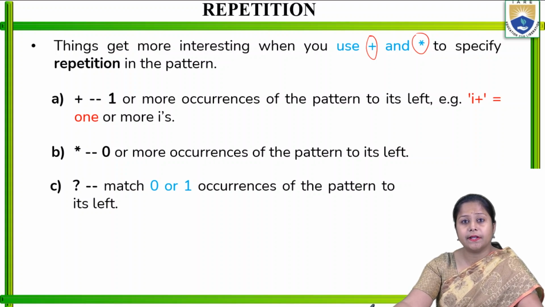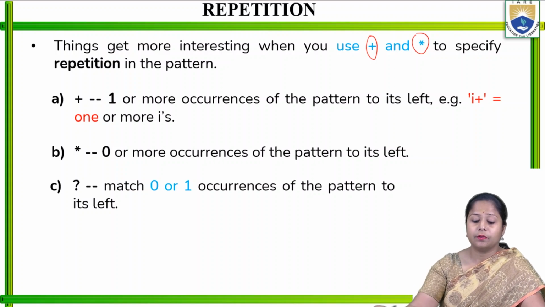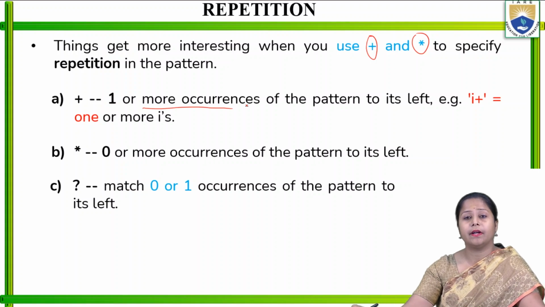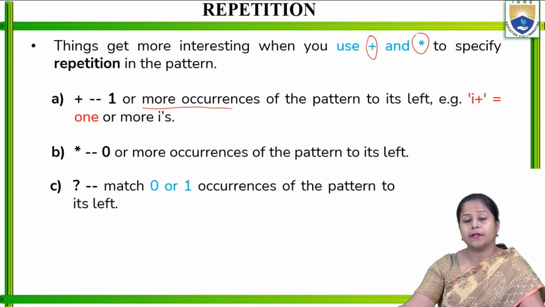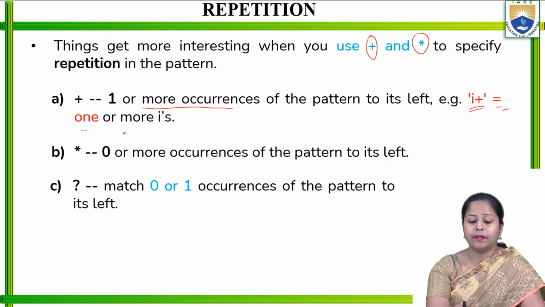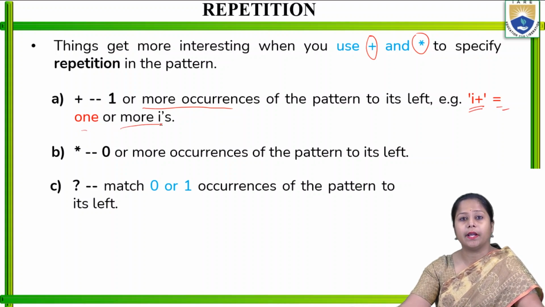The first condition is the plus sign. Plus means one or more occurrences of the pattern to its left. For example, if I write i+, that is going to give us one or more i's.